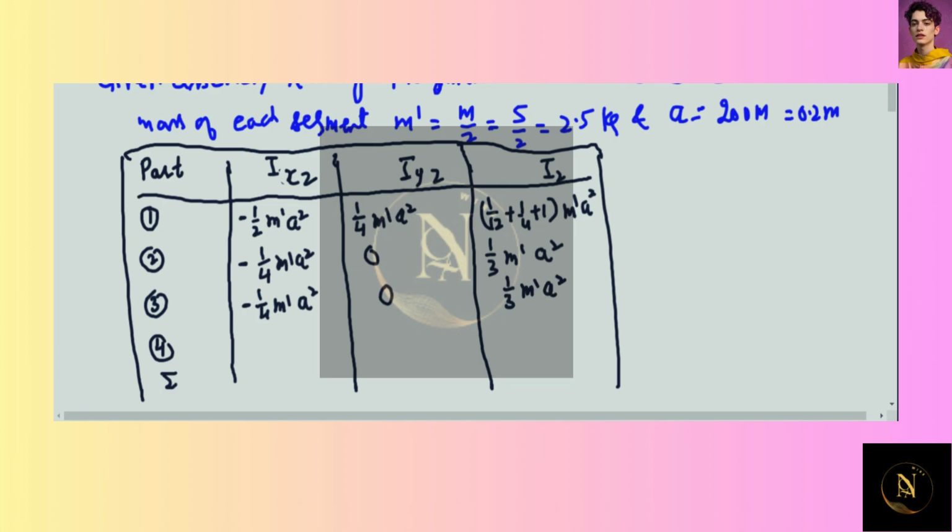Fourth assembly: minus half m dash a square, 1 by 4 m dash a square, and 1 by 12 plus 1 by 4 plus 1 m dash a square.